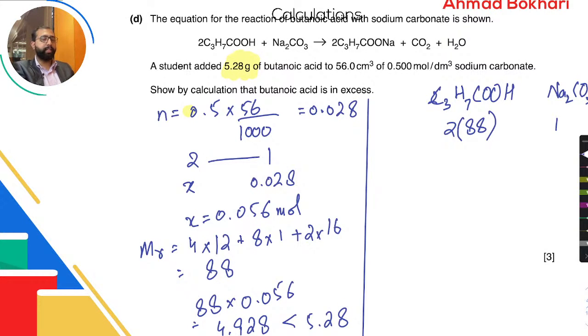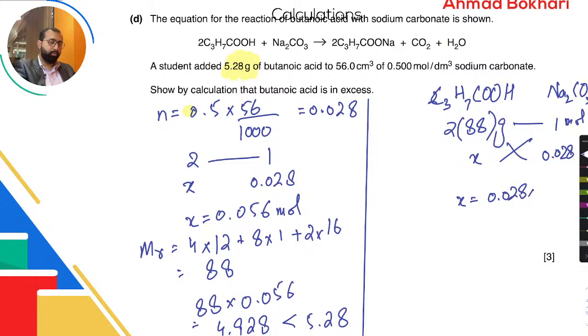So this is basically telling me that 2 times 88 grams of this thing will react with 1 mole of the other thing. How many moles do I have? 0.028. So how much mass will I need? X. Cross multiply. So X will be 0.028 times 2 times 88. That is going to be exactly the same, 4.928. That is less than 5.28, so it's in excess.